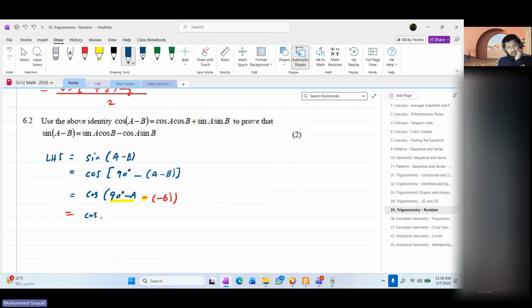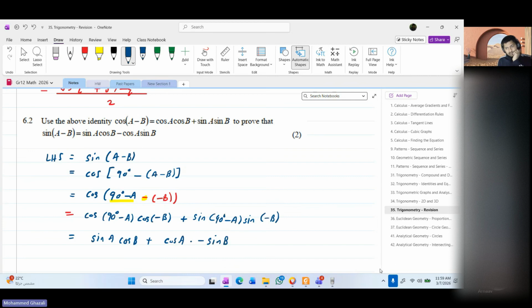So cos (90 minus A) cos negative B, plus, now I can use the identity, plus sine (90 minus A) sine of negative B. Now, see what we're getting here. Cos (90 minus A) is just sine A, cos B, cos of a negative angle, plus sine of (90 minus A) is cos A, and sine of negative B is negative sine B, because that's in the fourth quadrant and it's a negative angle.